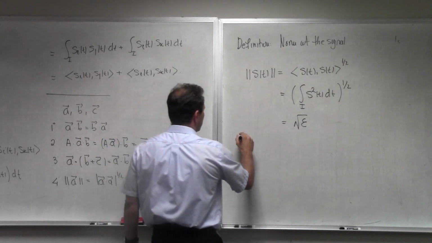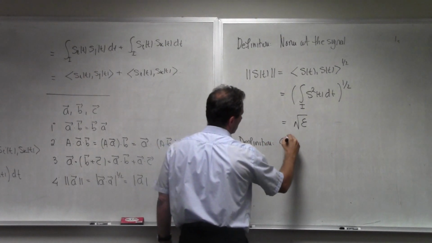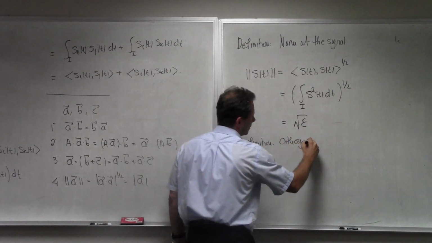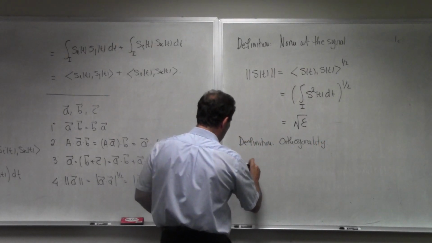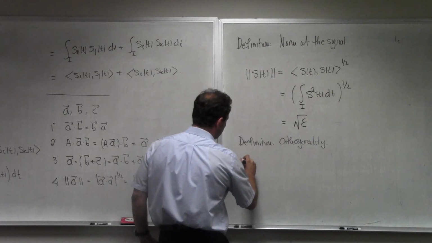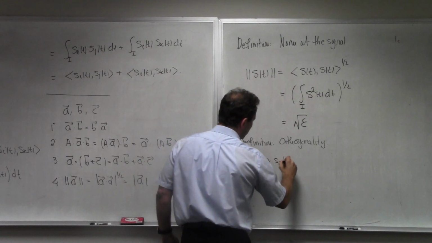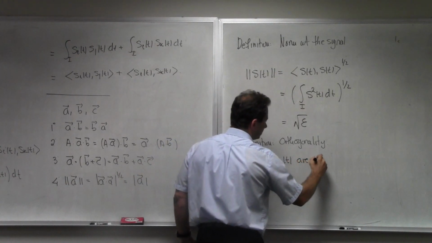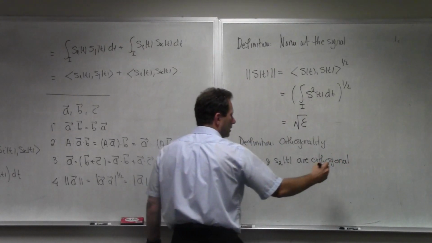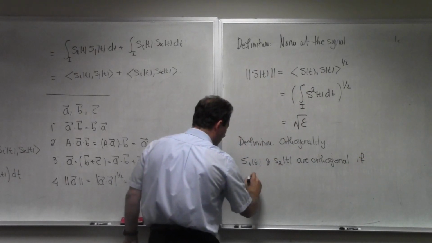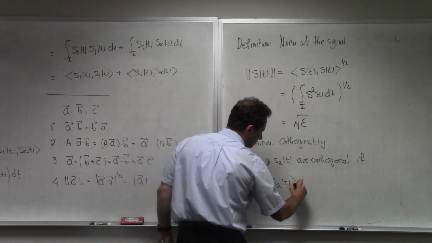Now I'm going to define orthogonality. We're going to say S1 of t and S2 of t are orthogonal if the dot product between S1 of t and S2 of t is equal to what?